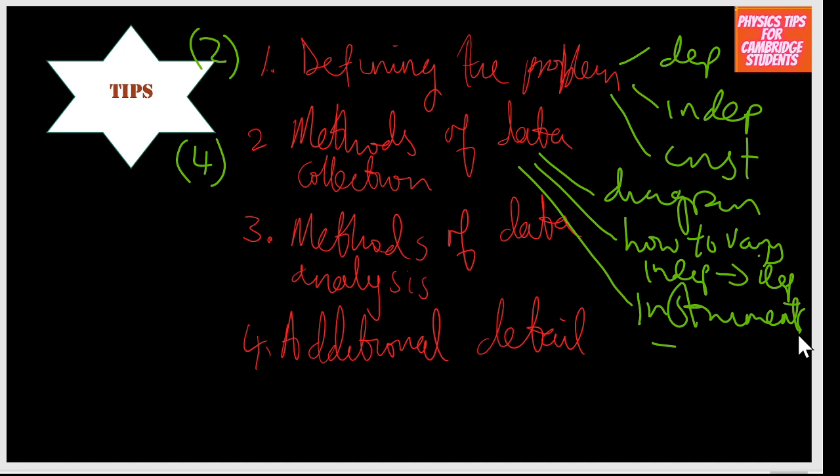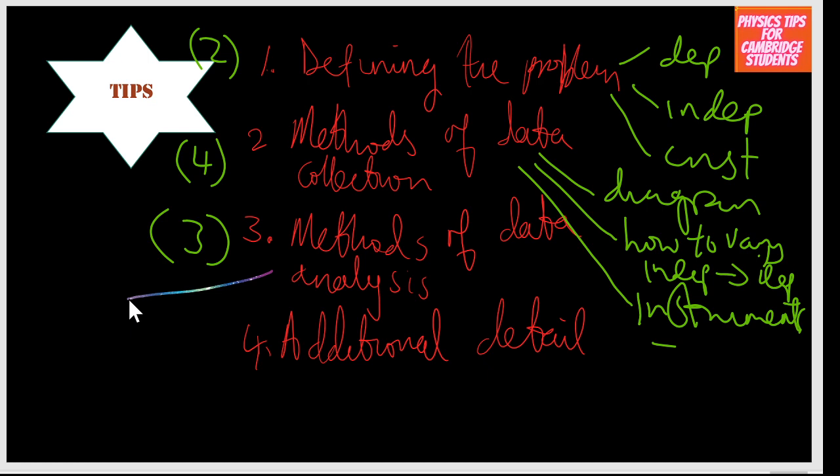Then the third subheading would be methods of data analysis. This one would carry 3 marks. In this one, you are going to state what is going to be plotted against what.